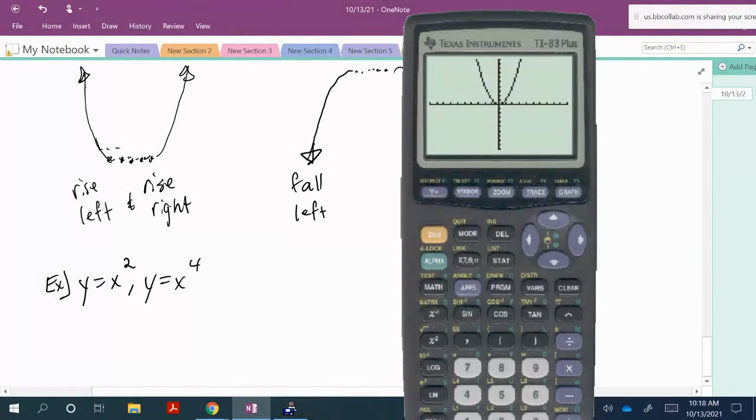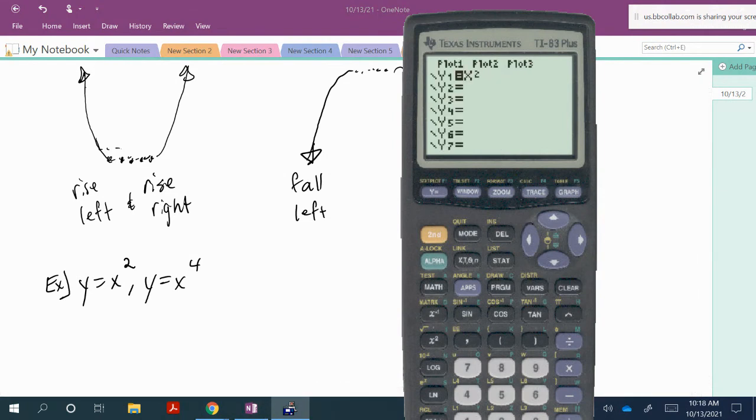I can also put in x to the fourth power. So I'm going to go back to y equals, put in x raised to the fourth power, and graph. And then notice the end behavior. It rises to the left, it rises to the right. I can also put in y equals x to the sixth power. So for each one of these functions, the leading coefficient is positive.